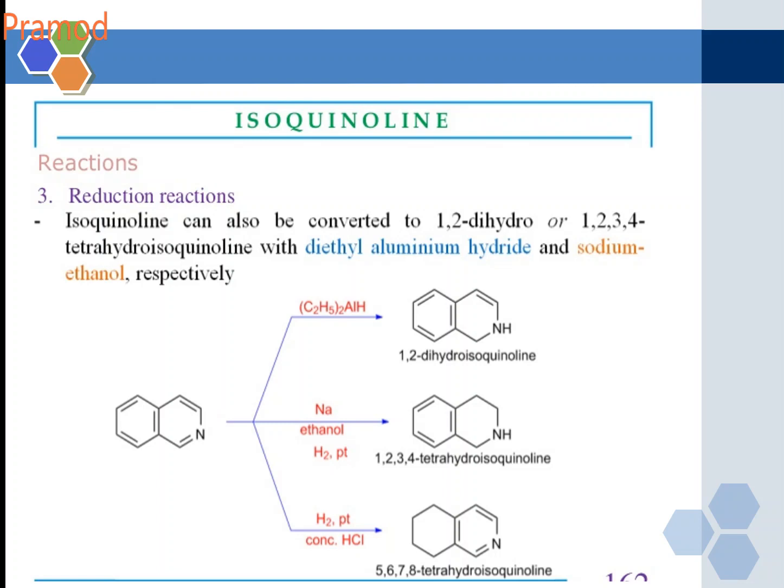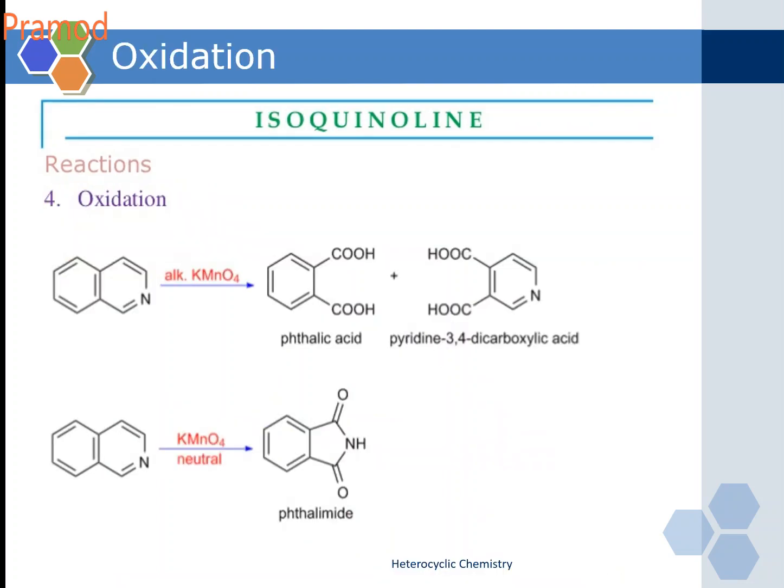If you take sodium and ethanol, you get 1,2,3,4-tetrahydroisoquinoline. And if you use platinum, in this case you get 5,6,7,8-tetrahydroisoquinoline. So these are the various reduction products, either at 1, 2, 3, 4 or on your benzene ring.